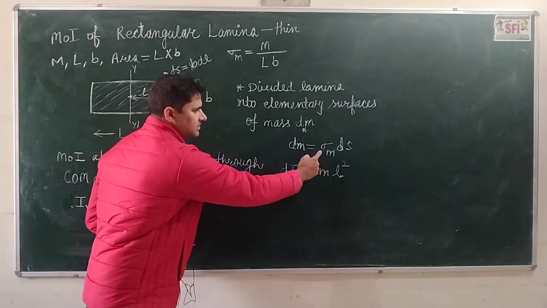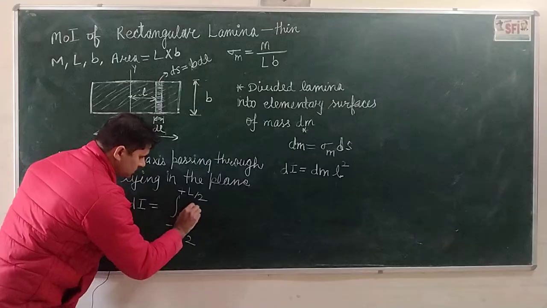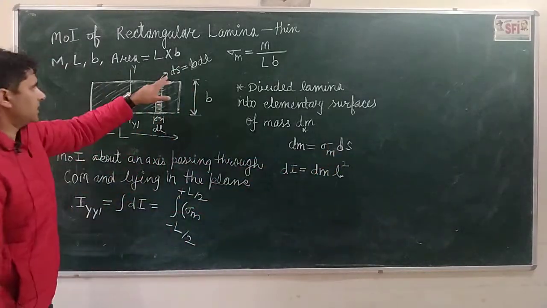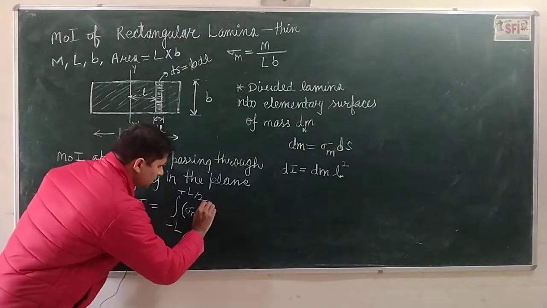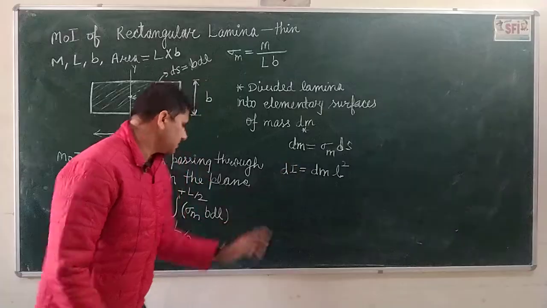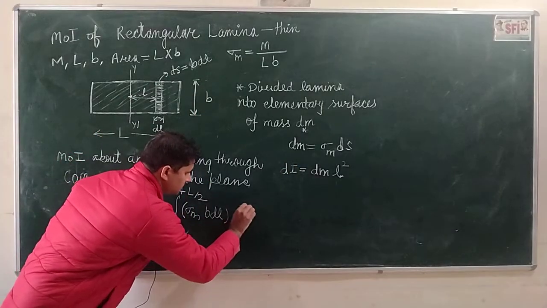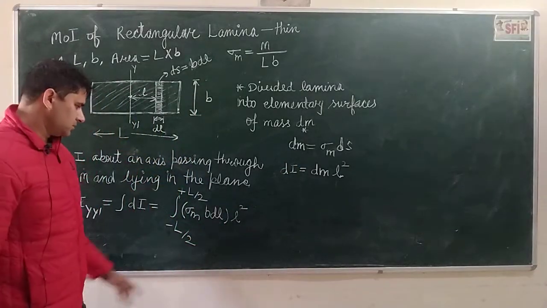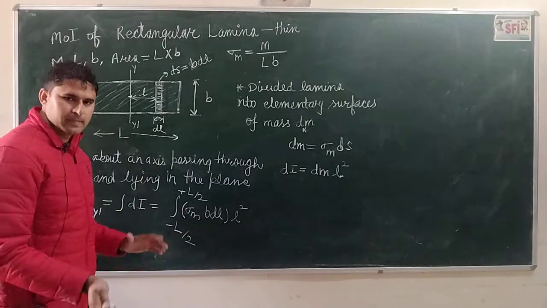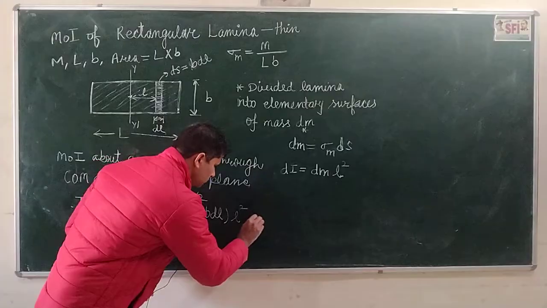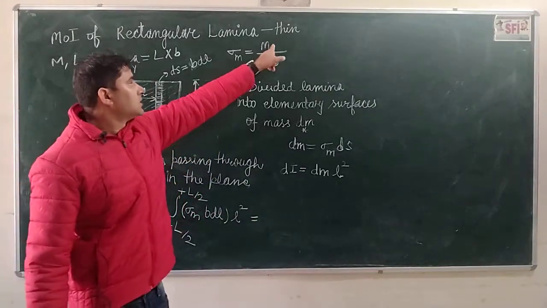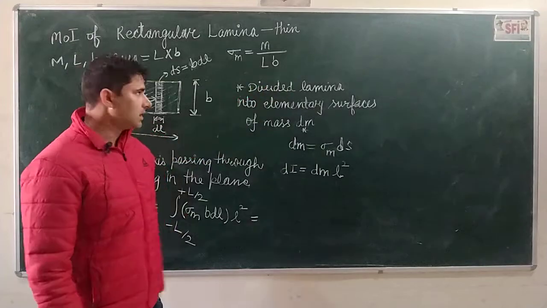So it will be the integration of this within the limits minus L by 2 to plus L by 2, and here dm is sigma m into ds, and the area ds here is b into dl. Then you have l square. You can see b and sigma m are constant, so you can take them out of the integral. Here you can put the value of sigma m as m by the area of the lamina.